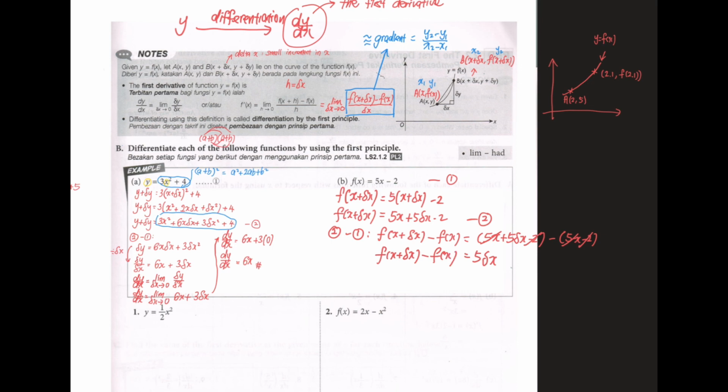So we want to get this form, as you can see here. We want to get fx plus delta x minus fx divided by delta x. So that's why, same with this one, divide by delta x.